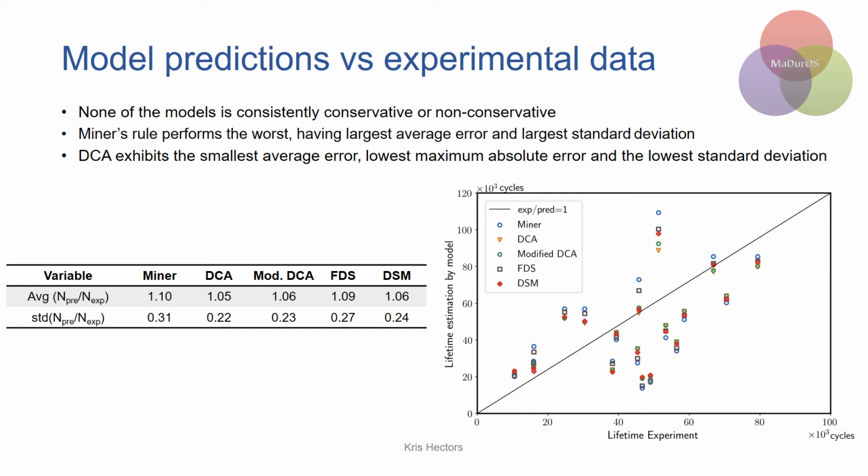The general agreement found in scientific literature was confirmed again, namely that Miner's rule performs worst, having the largest average error and the largest standard deviation with respect to the prediction error. The damage curve approach was found to be the most accurate model for this case study, exhibiting the smallest average error, the lowest maximum absolute error, and the lowest standard deviation.